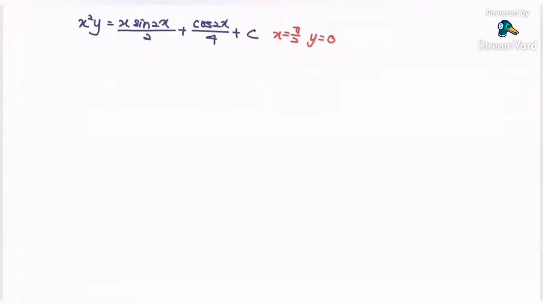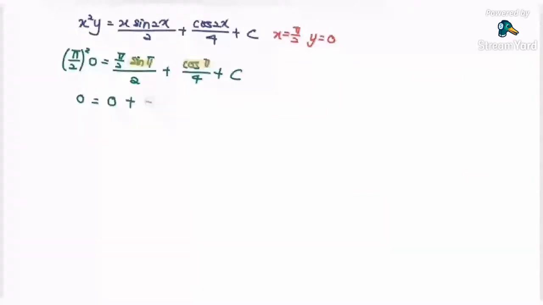So here we will obtain pi over 2 squared multiplied with 0 equals to pi over 2 multiplied with sine pi over 2 plus cos pi over 4 plus c. 0 is equals to sine pi will obtain 0 plus cos pi will obtain negative 1 over 4 plus c.